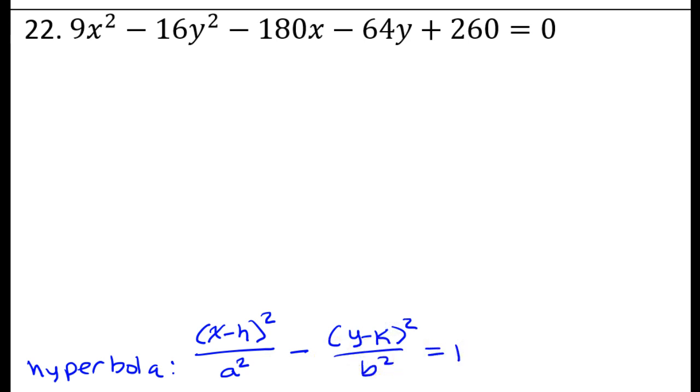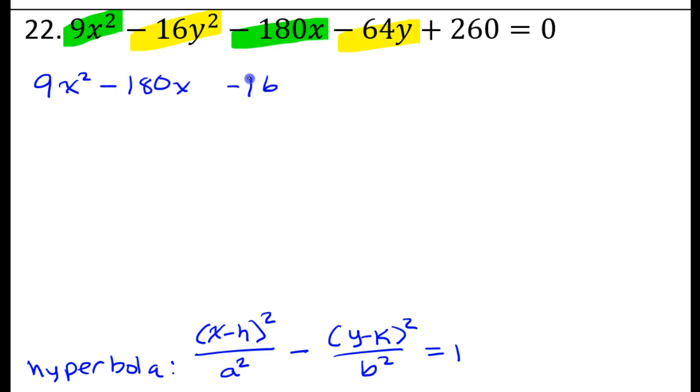The first step is to group together the x terms and the y terms and move this 260 to the other side by subtracting it. So I will have 9x squared minus 180x and then negative 16y squared minus 64y equals negative 260.